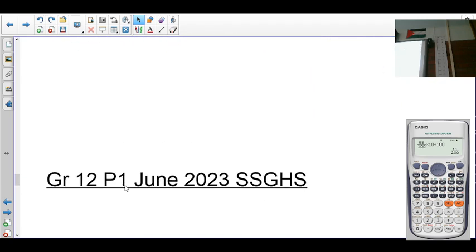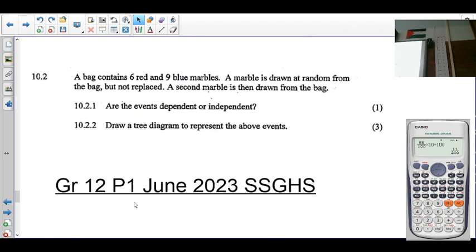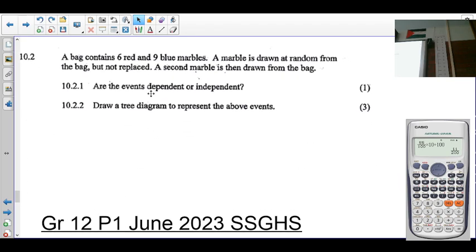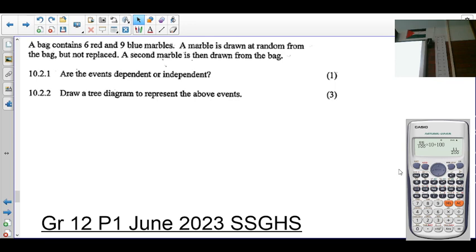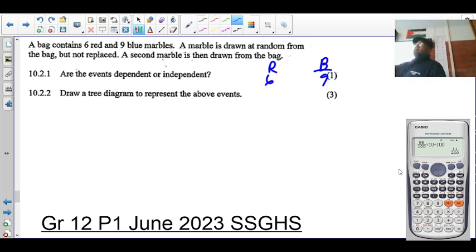Okay, let's look at the last question. 10.2. A bag contains 6 red balls. So red is 6. Blue is 9. A marble is drawn from the bag but not replaced. So you're taking a marble out at random and not putting it back.